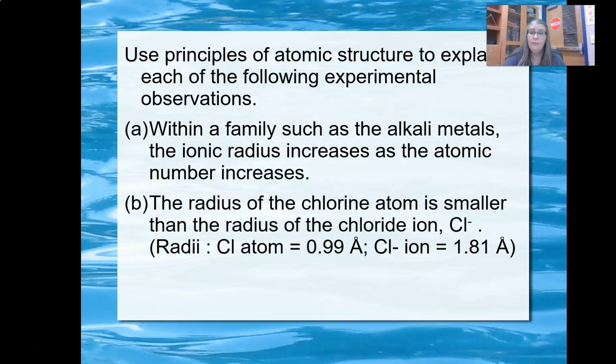And so my argument is actually still a Coulombic attraction argument because it's still an electrostatic question. But what I like to look at is what is the difference between chlorine minus and chlorine? The difference is that Cl minus has 1 more electron. So if I have 1 more electron, I have more negative charge.